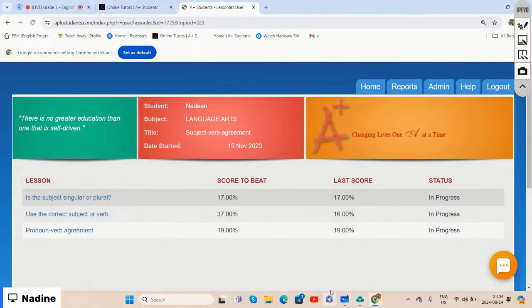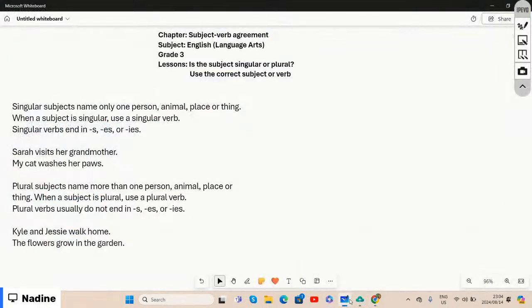All right. So as we said, our chapter is subject-verb agreement. Our subject is English Language Arts.